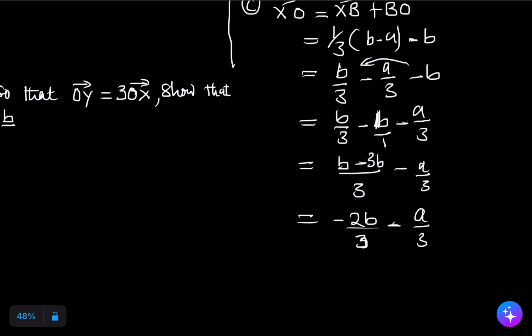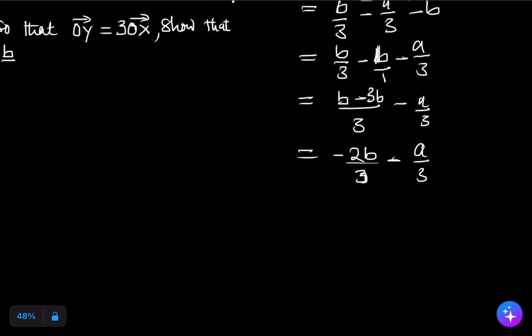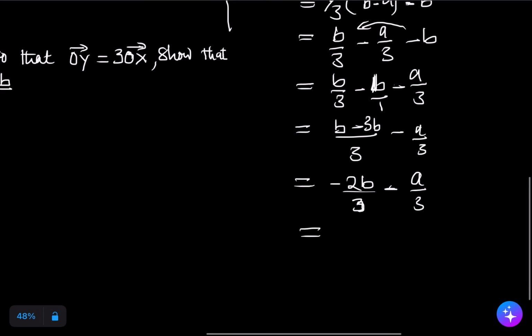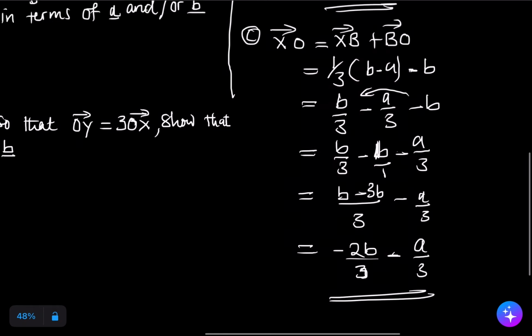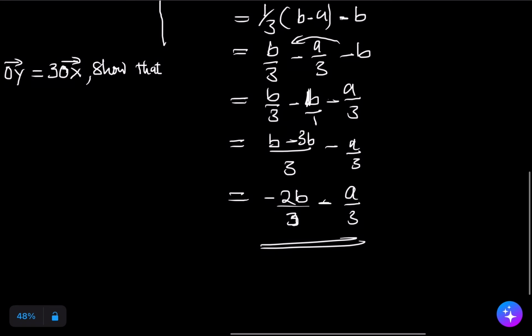We can finalize it at this point. We can take it further in terms of factorizing, but we just finalize here. So this is our final answer, this is our XO.